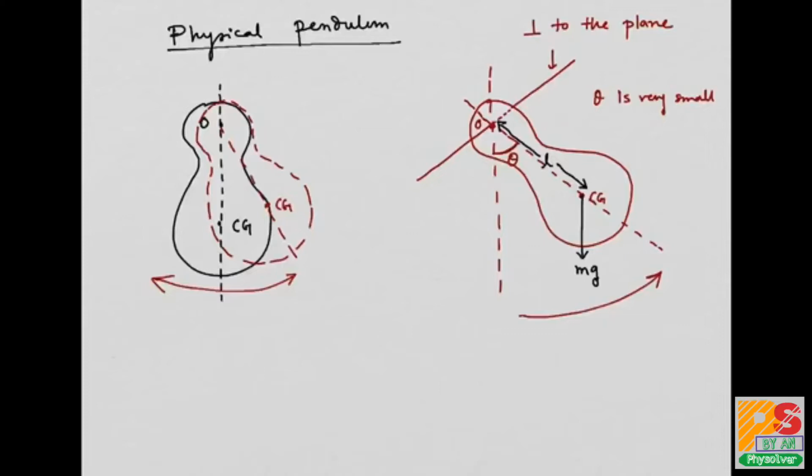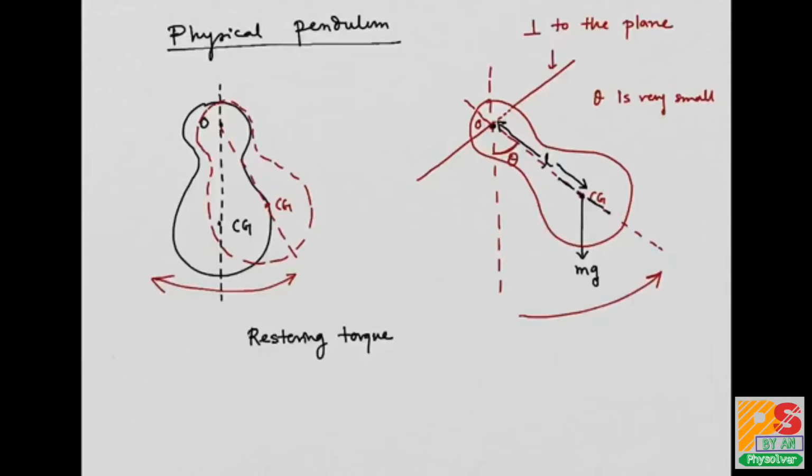Now what are the forces acting on this body? First force is weight, which is acting vertically downwards. Another force is acting like in this line, and another force will act at the point of pivot. But if we take the restoring torque, why is it restoring?